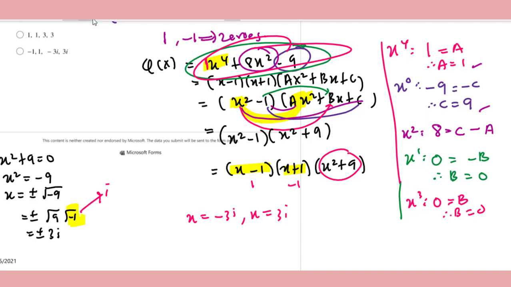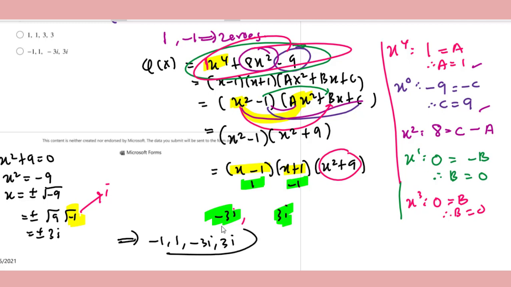You need to write the zeros in this form, not the factor form. So just list down: negative 1, 1, negative 3i, and 3i. These are all the zeros for the polynomial.